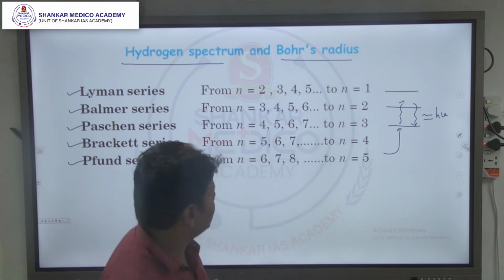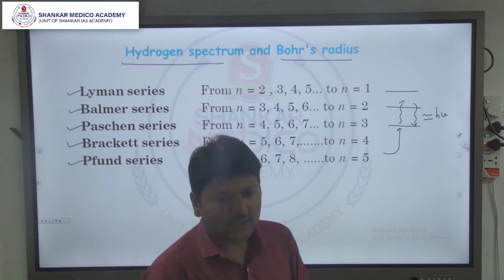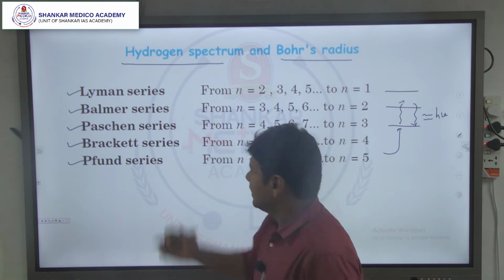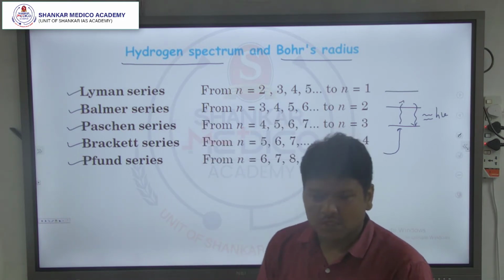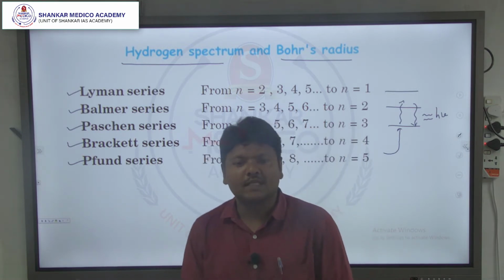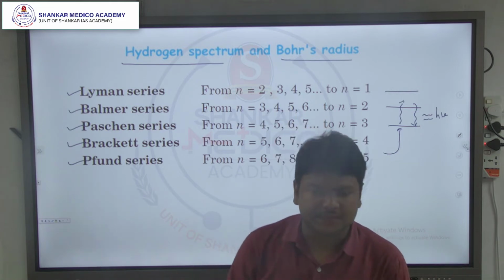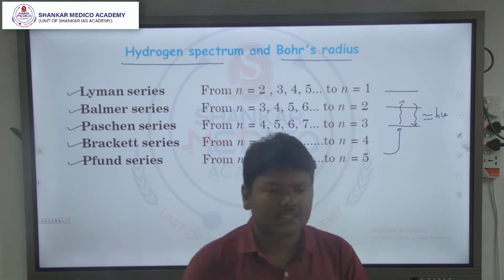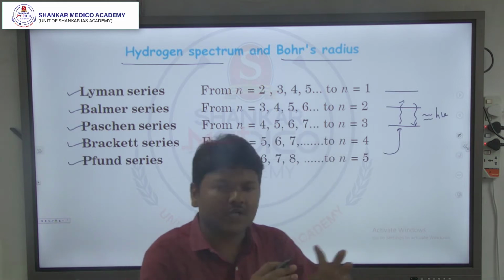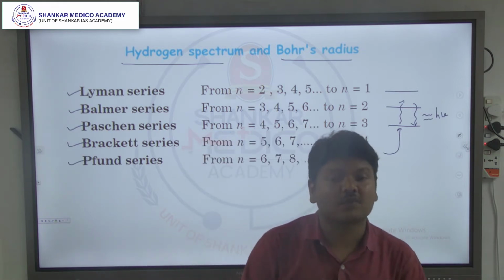Then you may be asked the question: hydrogen has only one electron, so why do we have different lines in the hydrogen spectrum? We are not dealing with only one hydrogen atom, we are dealing with so many hydrogen atoms. When these hydrogen atoms are subjected to electric discharge, different hydrogen atoms will absorb different amounts of energy.